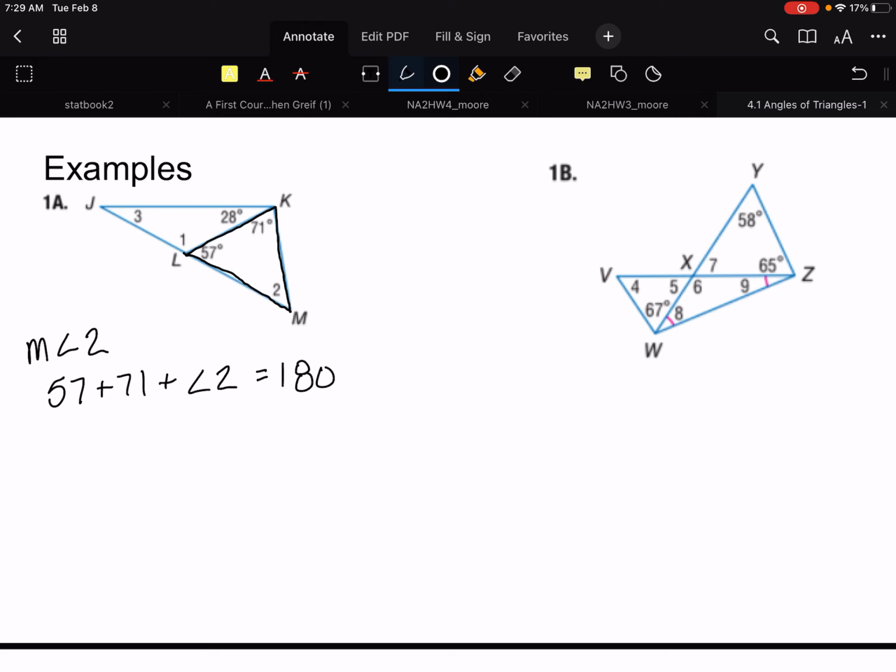So if you subtract off that 57 and that 71, you're going to get that angle 2 is equal to 52 degrees.